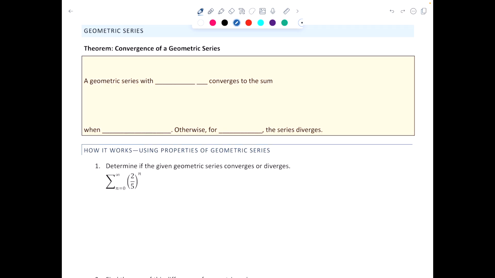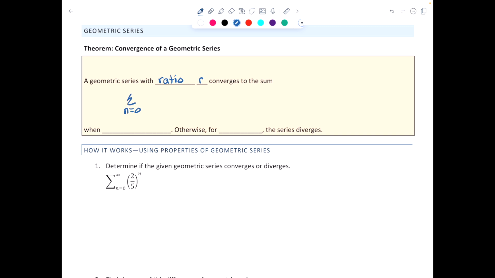Okay, so next up are geometric series. Or the geometric series. So a theorem that we have for this one is a geometric series with ratio R converges to the sum. So it's very powerful.